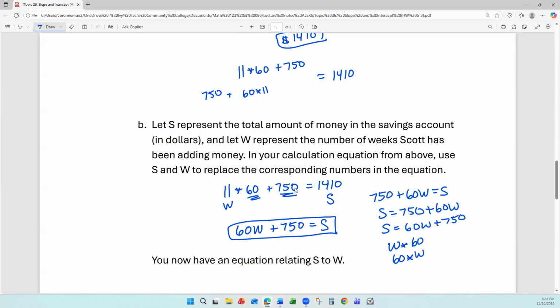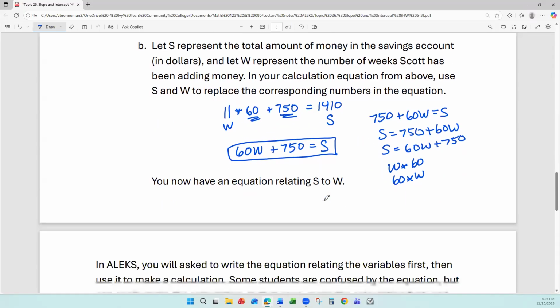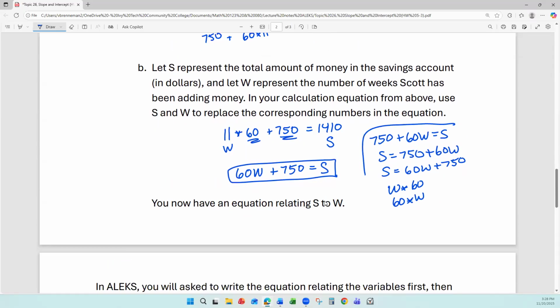And if it's on a quiz or test, even if ALEKS doesn't accept it, I will. Just be careful you're not using X for multiplication usually, because that would be a variable rather than an operation. So any of these would all be equally acceptable.